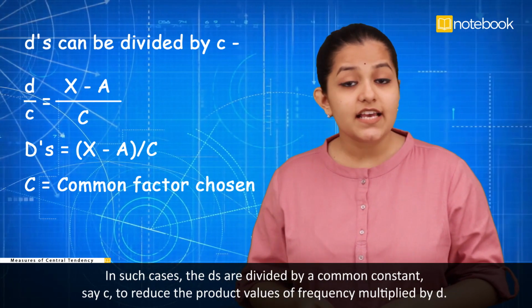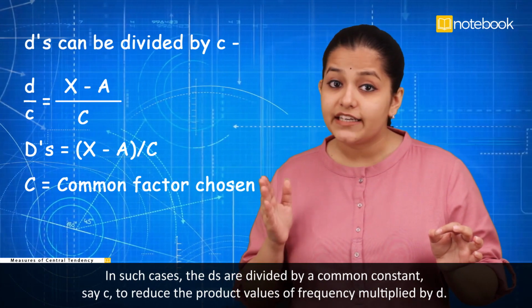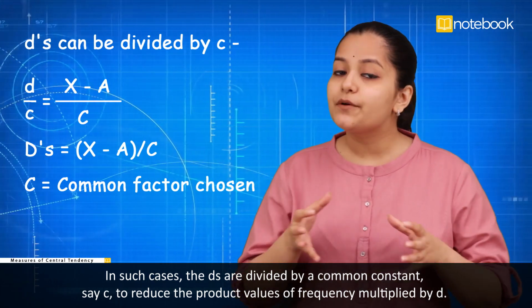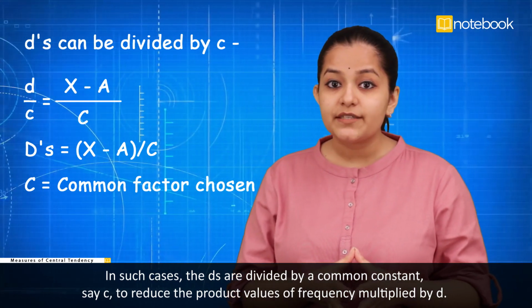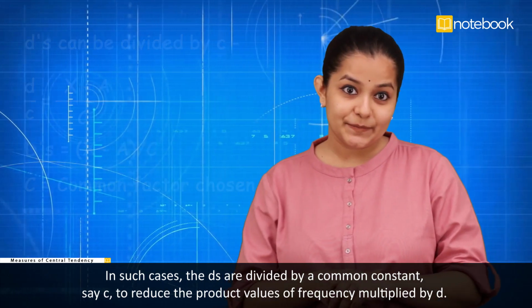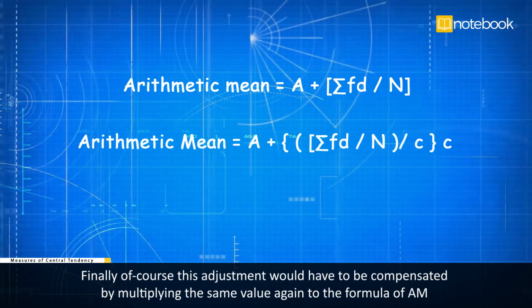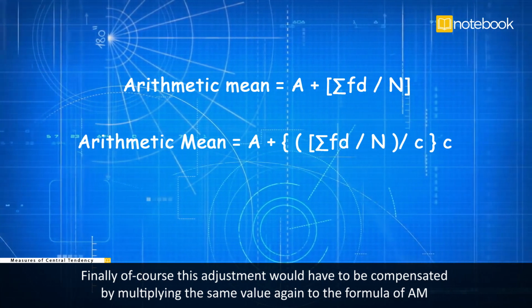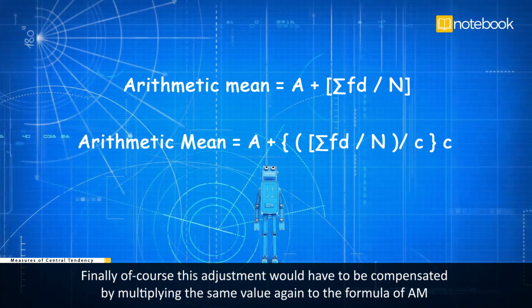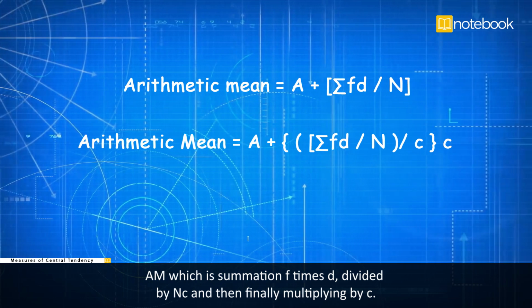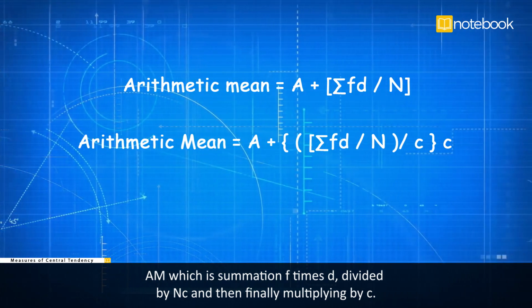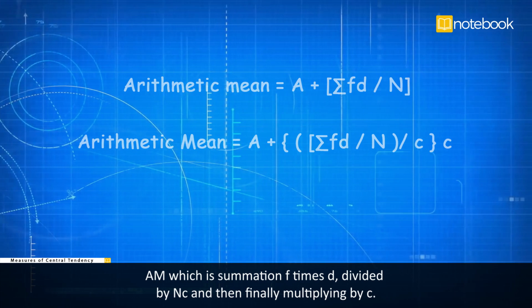In such cases, the d's are divided by a common constant, say c, to reduce the product values of frequency multiplied by d. Finally, of course, this adjustment would have to be compensated by multiplying the same value again to the formula of AM, which is summation of f times d divided by n, and then finally multiplying by c.